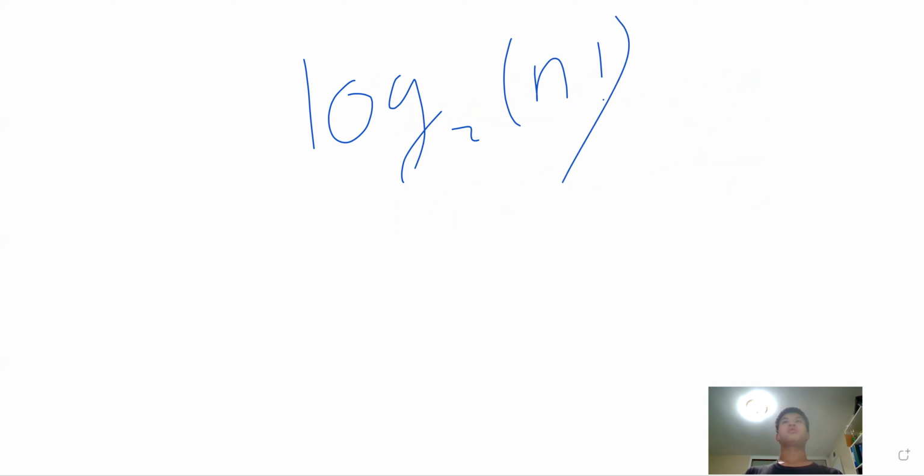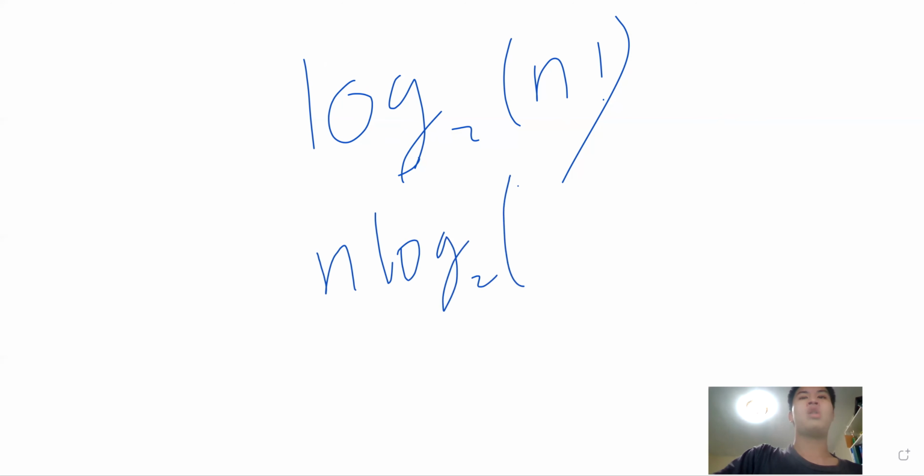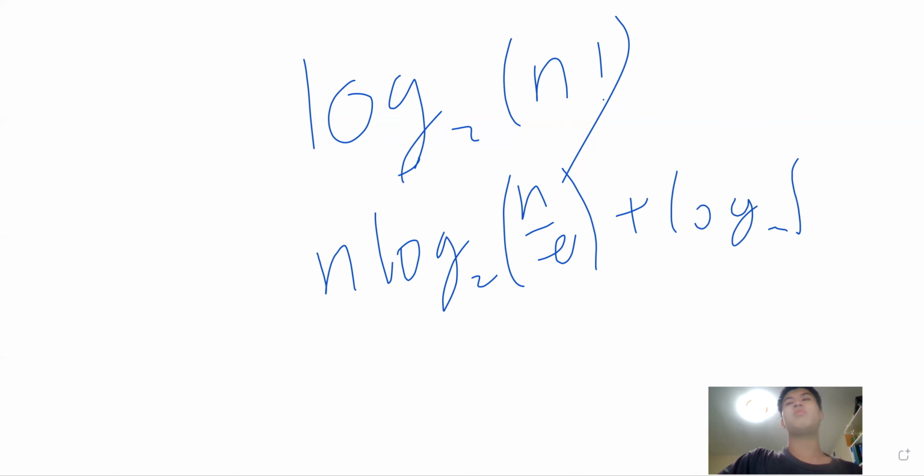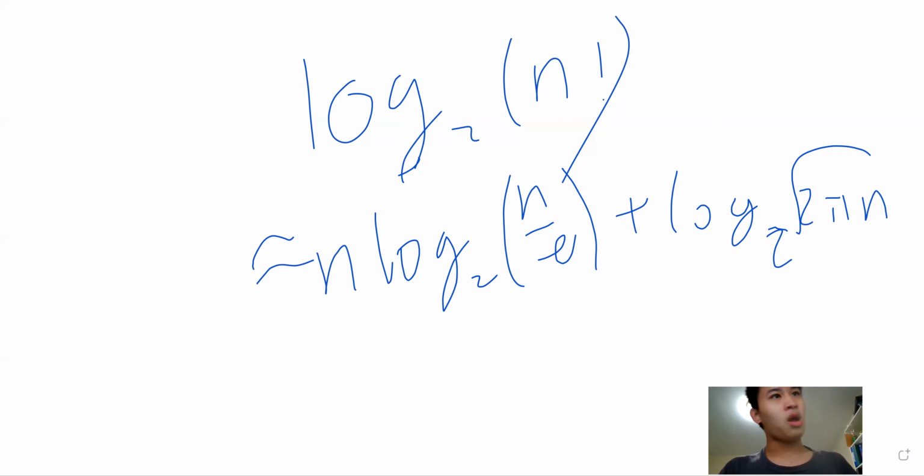And so we can use Stirling's approximation, and we can find that it is actually n times log base 2 of n over e plus log base 2 of the square root of 2 pi n, if we use the more accurate version of Stirling's formula. So that would be approximately the order of the time complexity of our algorithm.